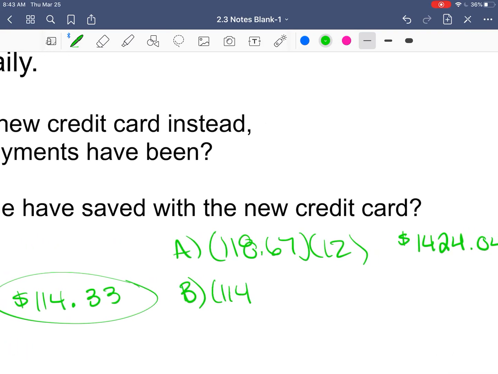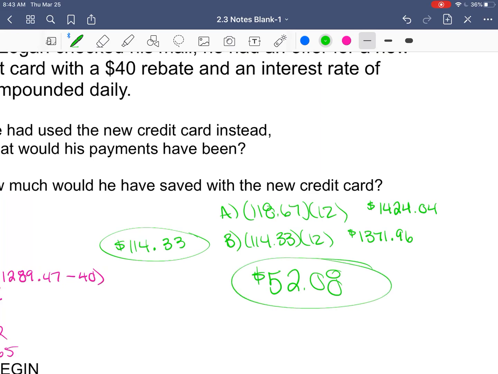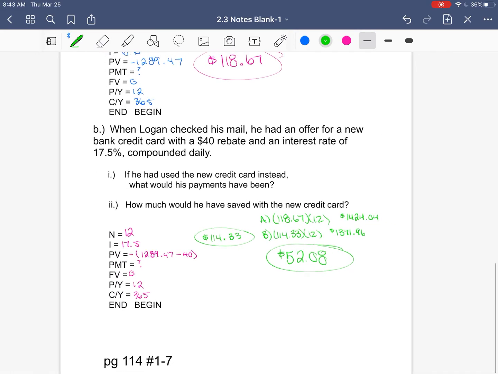Option B, he had $114.33 for 12 months. So $114.33 for 12 months is $1,371.96. So the difference between those two is $52.08.